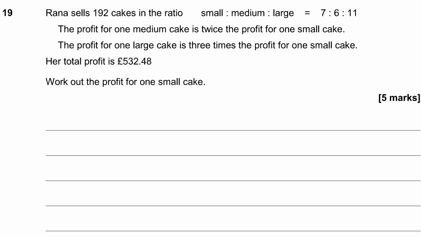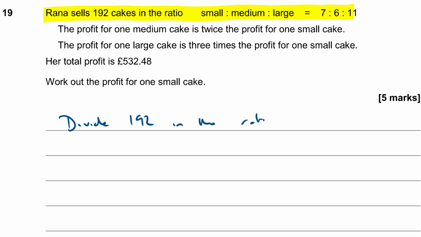Let's start off with the number of cakes and the ratio. Let's start off with this line here, and work out how many of each sort of cake we have. So we want to divide 192 in the ratio of 7 to 6 to 11.